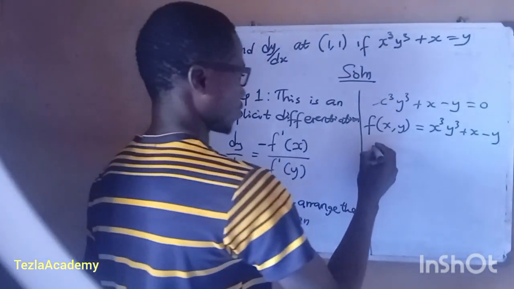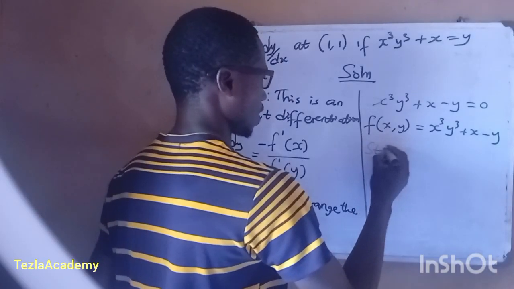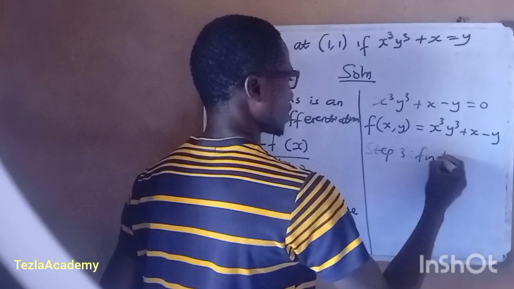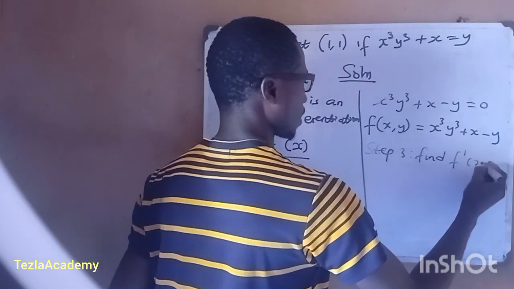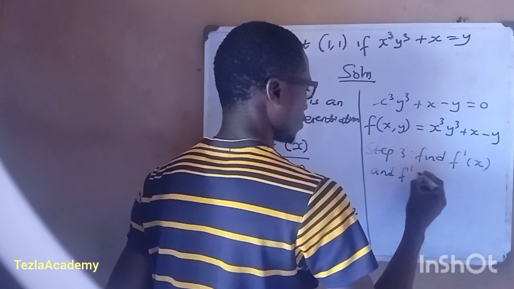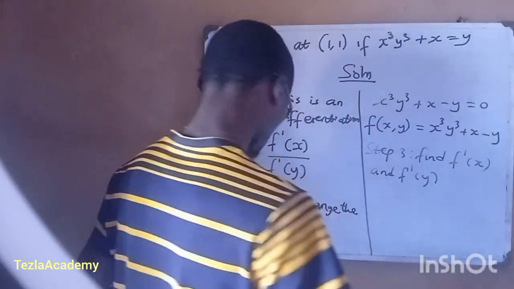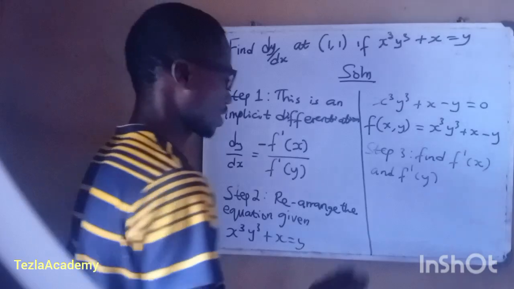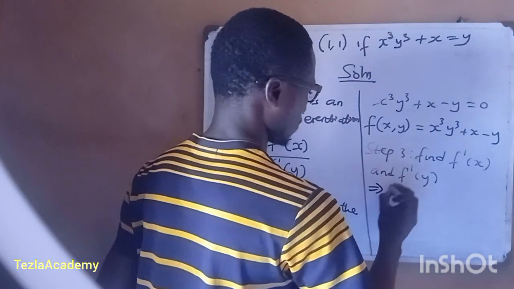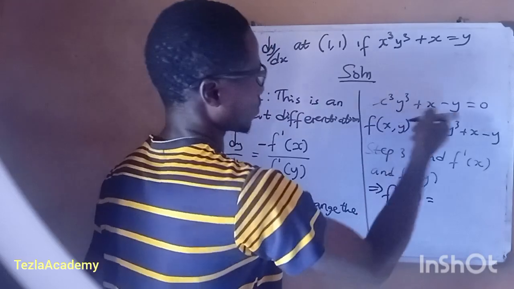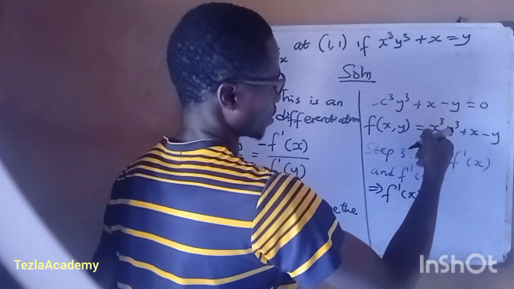So step 3, that's the next thing now. Step 3, find f prime of s and f prime of y. Our f prime of s is, from this equation now, differentiate this.